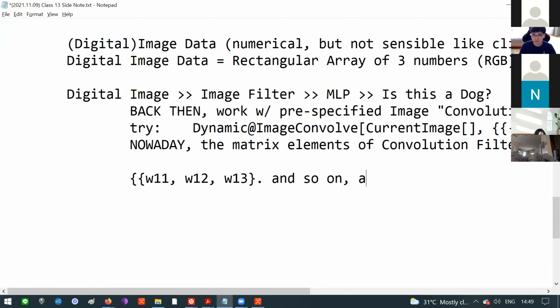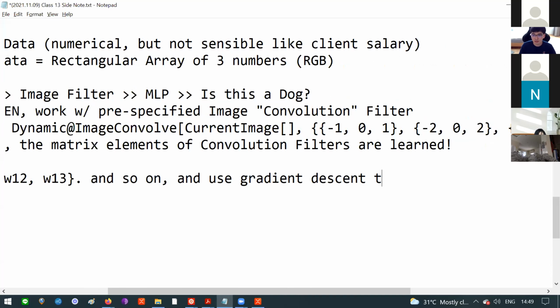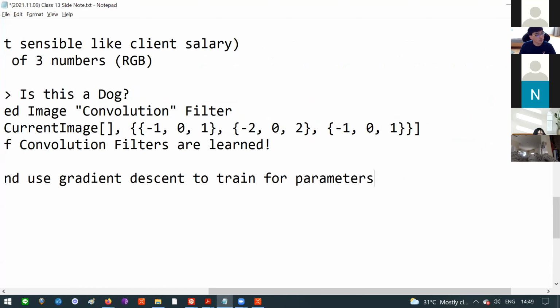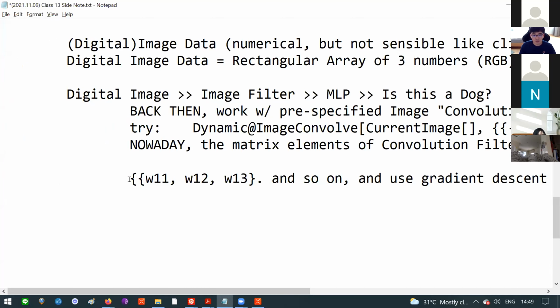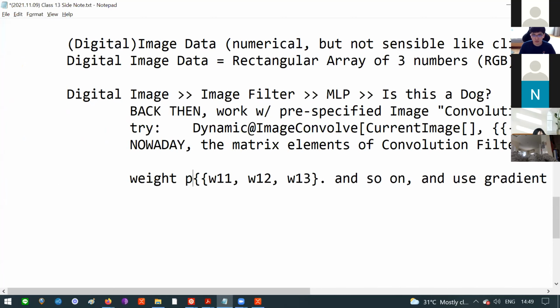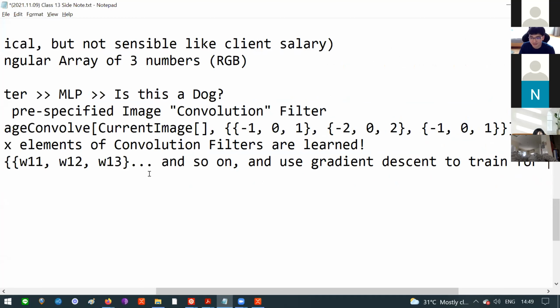And use gradient descent to learn, to train. Okay, that's it. That is the most important thing.